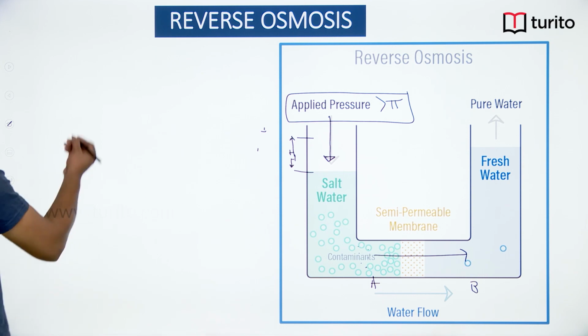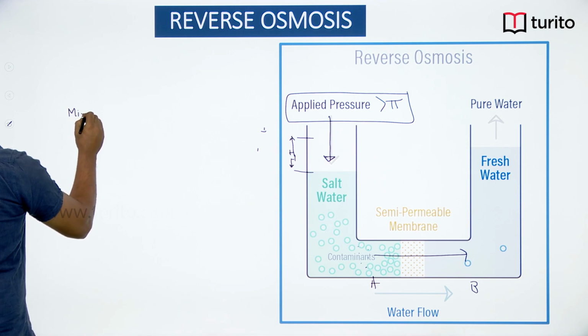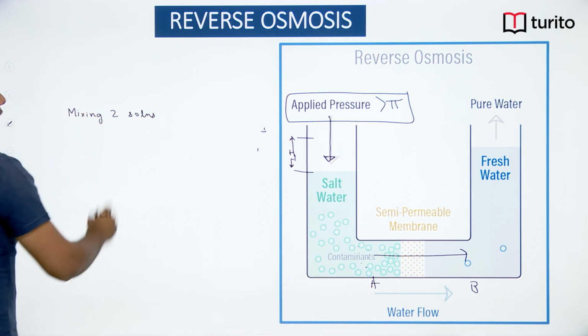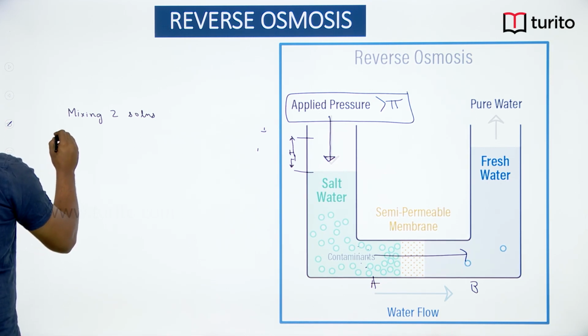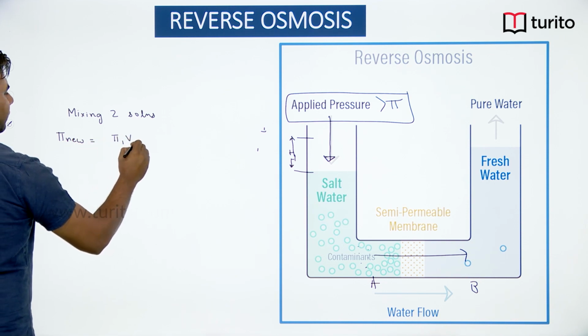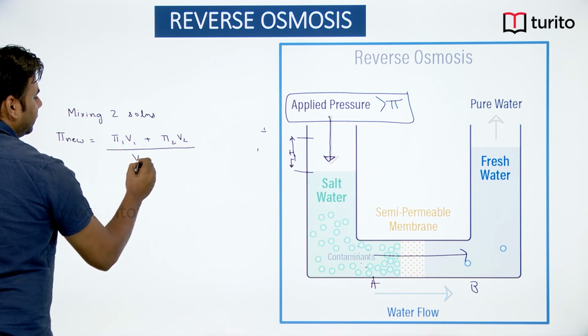Now one more thing which you should know: when we are mixing two solutions and we want to find the osmotic pressure of the new solution, the osmotic pressure of the new solution would basically be (pi 1 into V1 plus pi 2 into V2) upon (V1 plus V2).